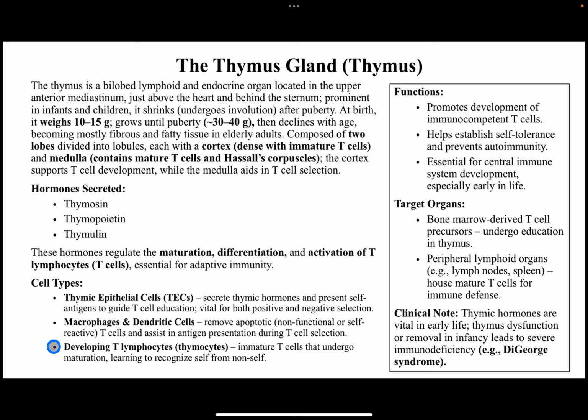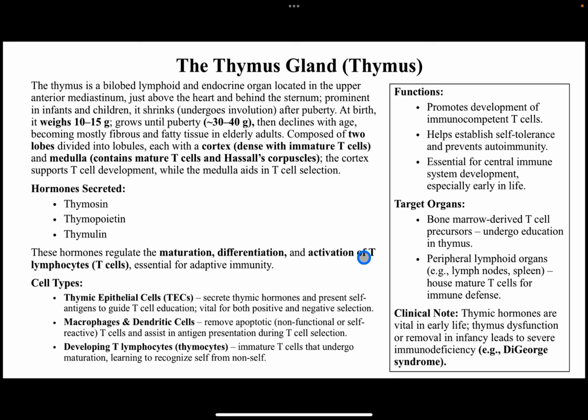Now, let's look at the general function of the thymus gland. Now, the thymus gland helps to promote development of immunocompetent T cells. It also helps with the establishment of self-tolerance and prevents autoimmunity. Okay, the reason is because the thymus gland helps in the recognition of self and non-self of cells.